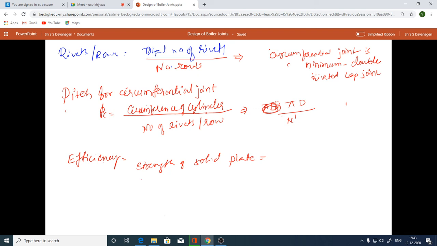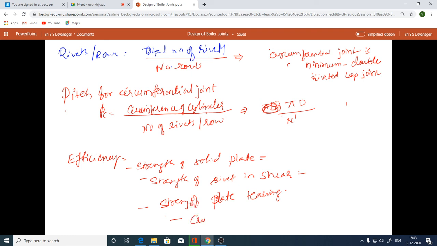Next, find out the strength of rivet in shear, the tearing strength of plate, and the crushing strength of rivets.